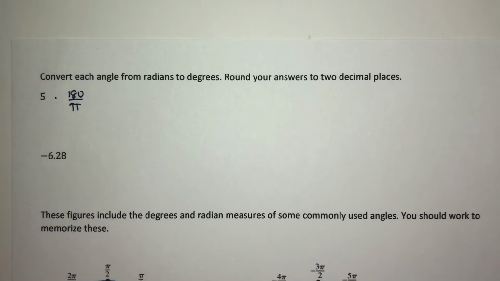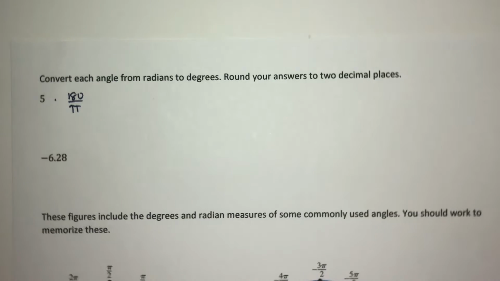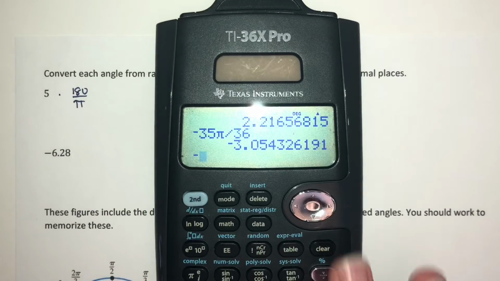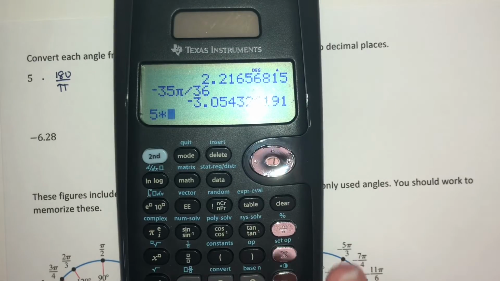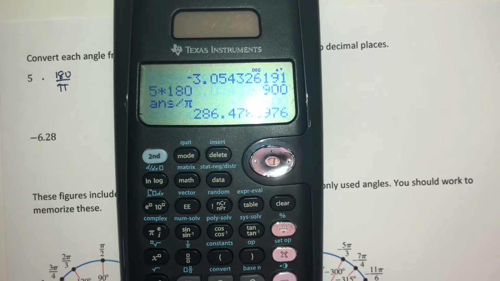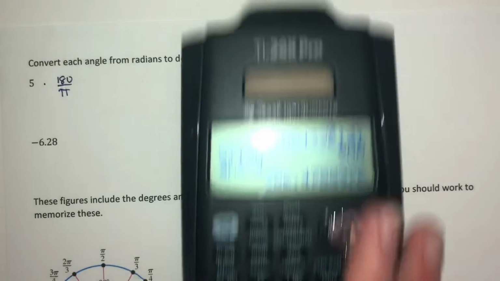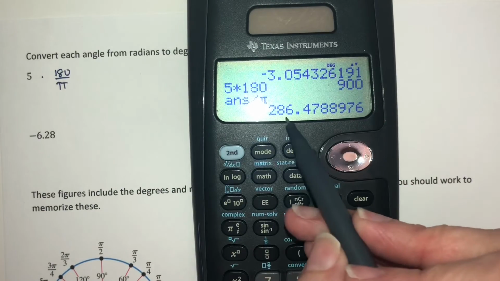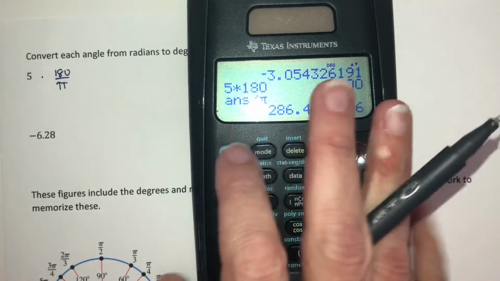Okay, so 5 times 180, and then divide by pi, gives me approximately 286 rounding to 2 decimal places, 286.48 degrees.